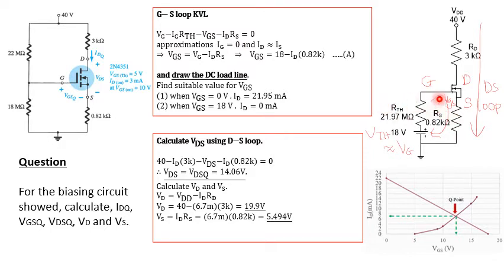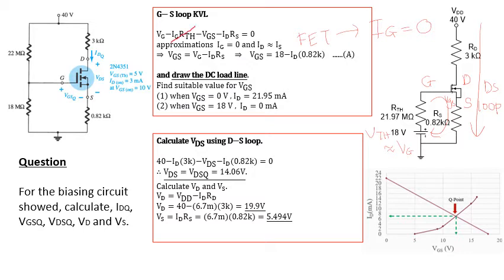In the GS loop, which is the input loop, it is very important for you to remember that the value of IG will always be 0. That is the theoretical value for the FET, the IG will always be 0.